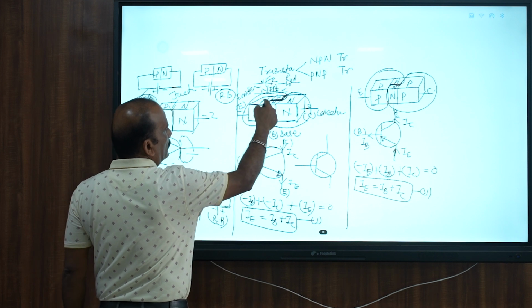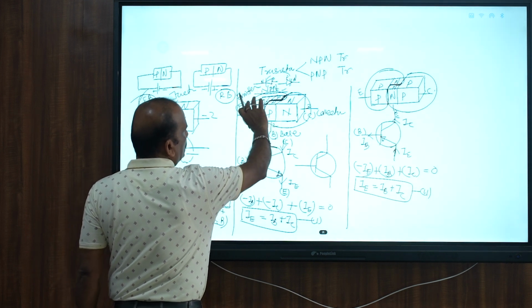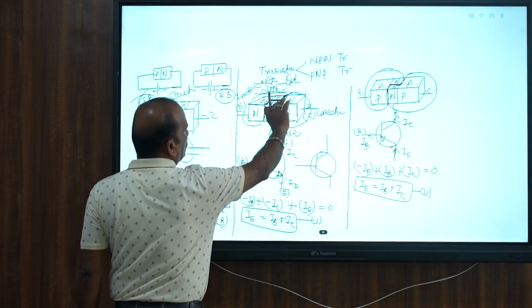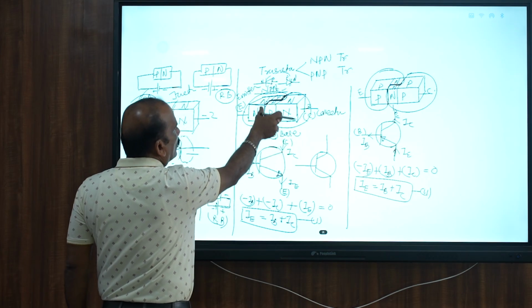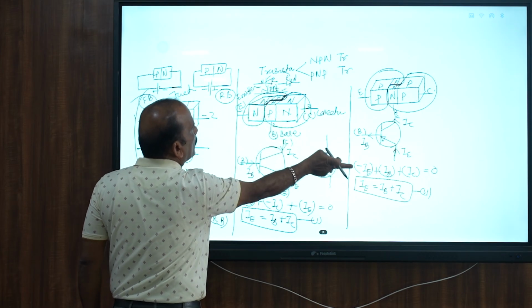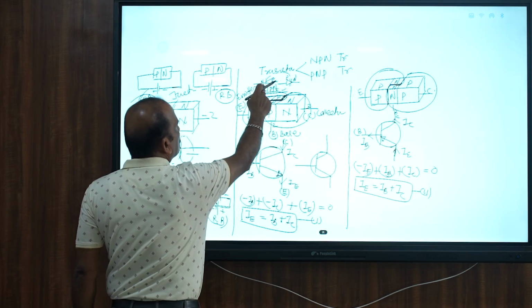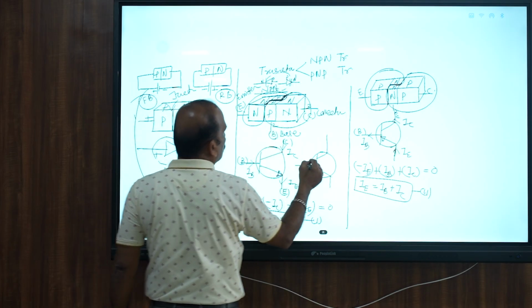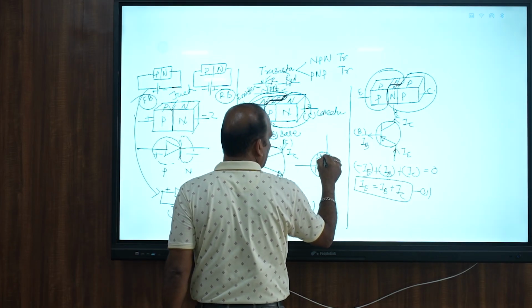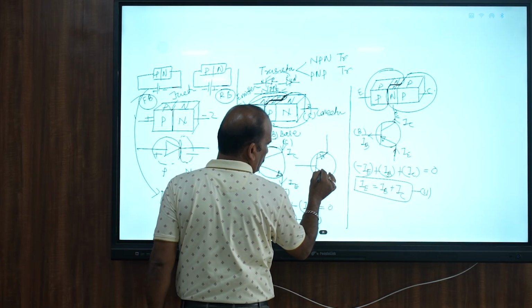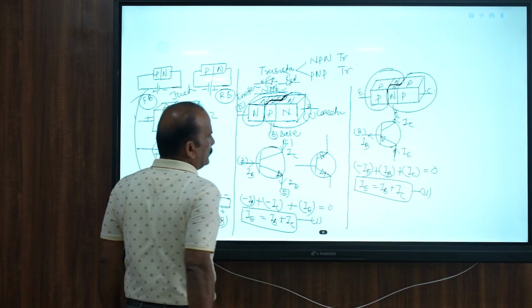Look here. This particular thing is shown to you horizontally. If I make it vertical, one diode will be external to that side and another diode will be external to this side. So it will be like this. Okay.